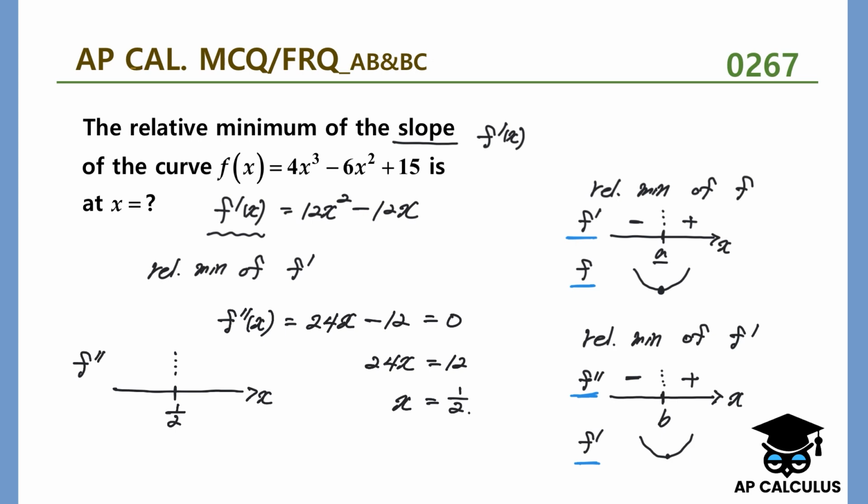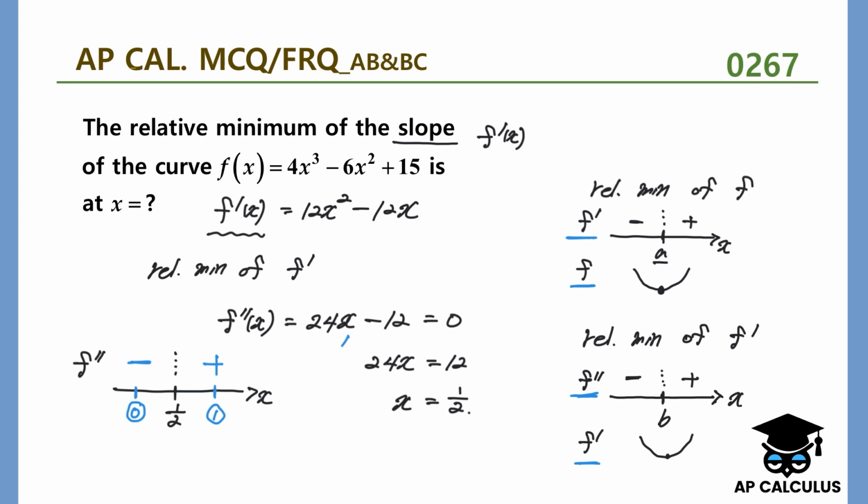Okay. I'm going to substitute 0 for x. If we substitute 0 here, f double prime is 0 minus 12. Negative here, right? Let's substitute 1. If we substitute 1 here, 24 minus 12, that's a positive 12, plus here, right?